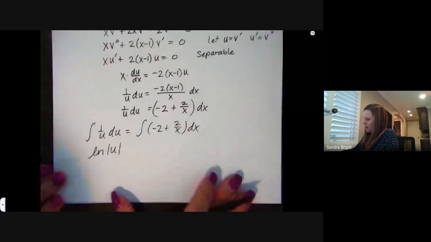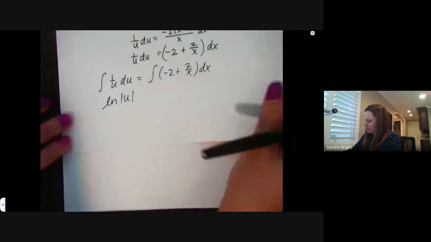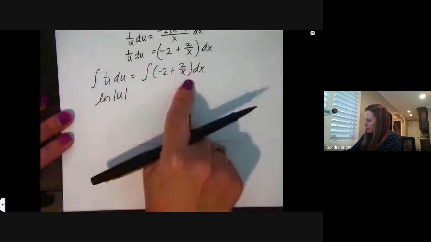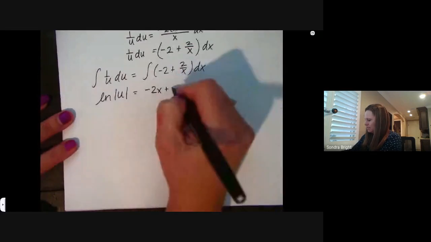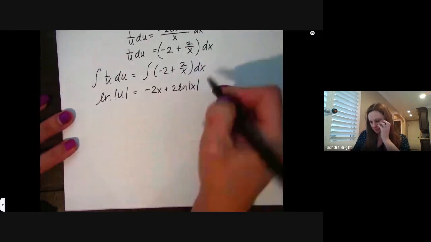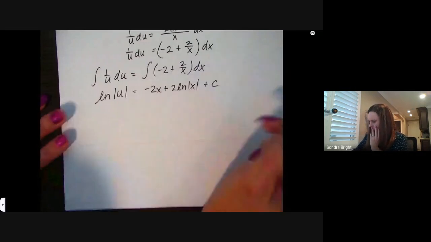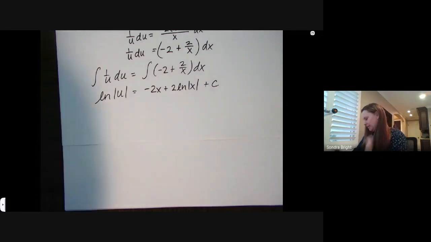And the right-hand side, because I separated it like this, it's much easier to see that this is negative 2x plus 2 times the natural log of the absolute value of x, plus c. All right, we want to solve for u because then we're going to solve for v, and then we'll solve for more.